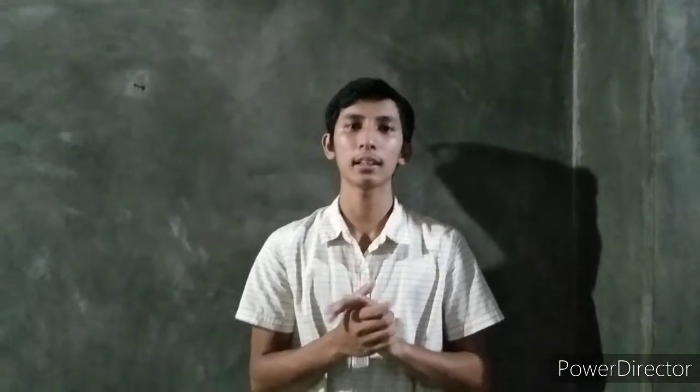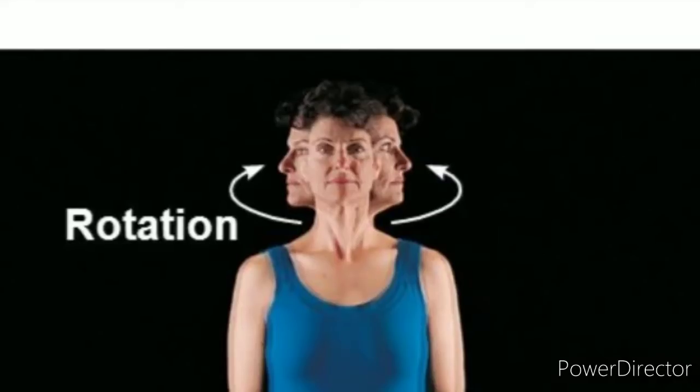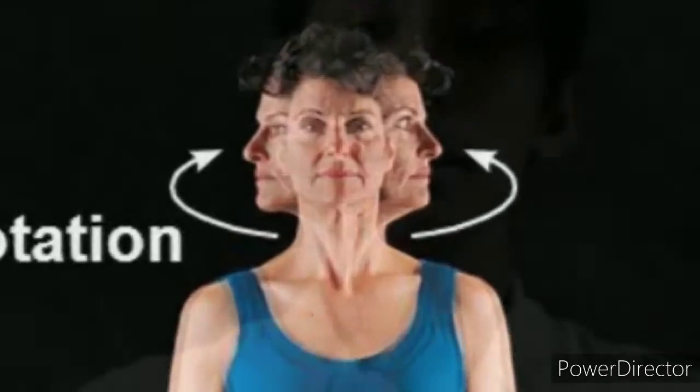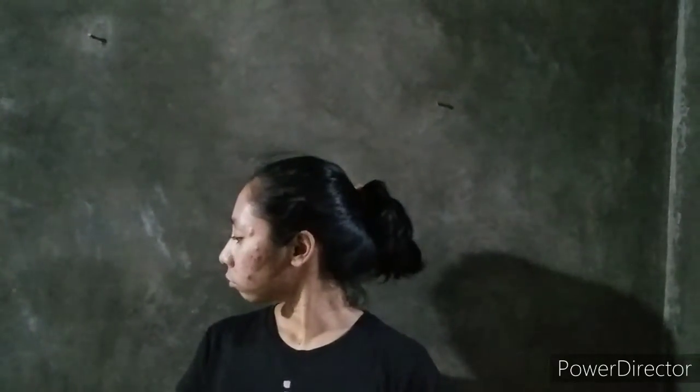Medial and lateral rotation. Rotation describes movement of the limbs around their long axis. The medial and lateral rotation of neck and lower limbs. This is an example of the movement. When the neck and head turn right of the body, that is medial rotation.